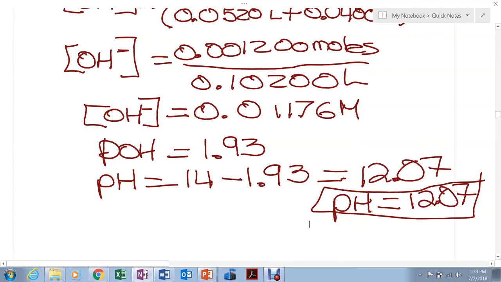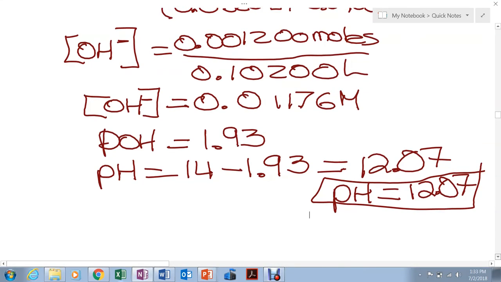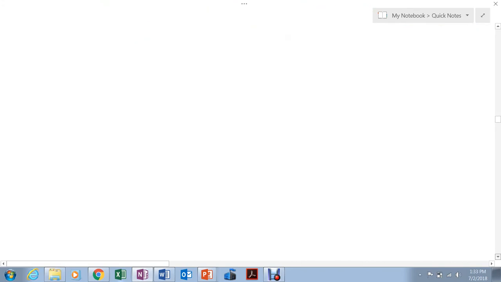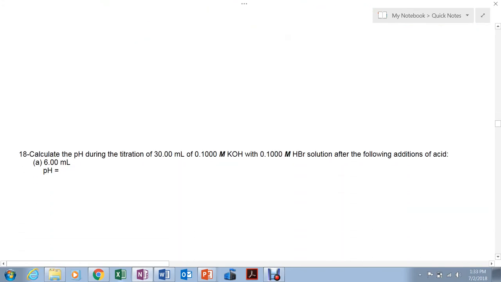Okay, I'm not going to have time to record another one because it's another exercise and we have to go step by step, and it's different. It's a weak acid with a weak base. The ones that are the same, I think number 19 would be the same also, a weak acid with a strong base, sorry.